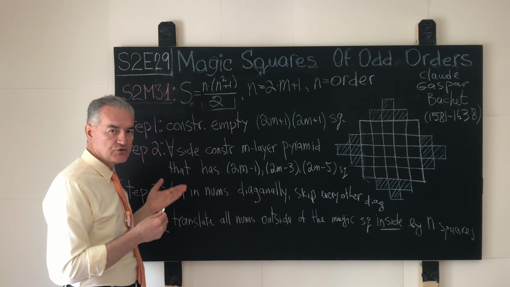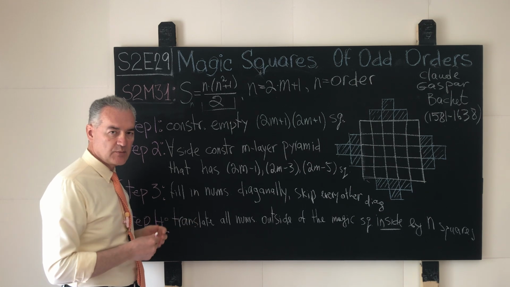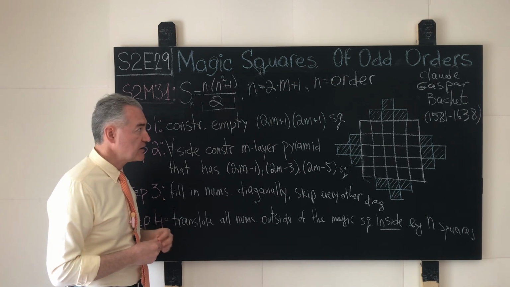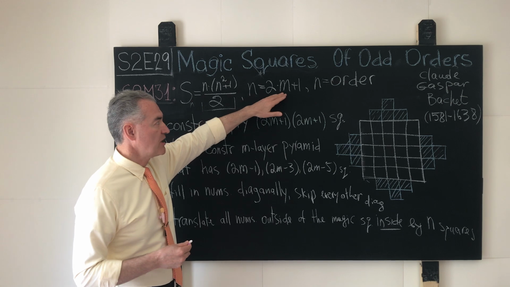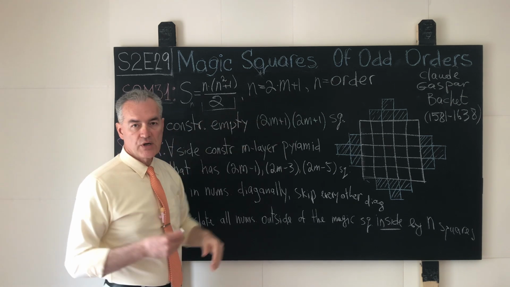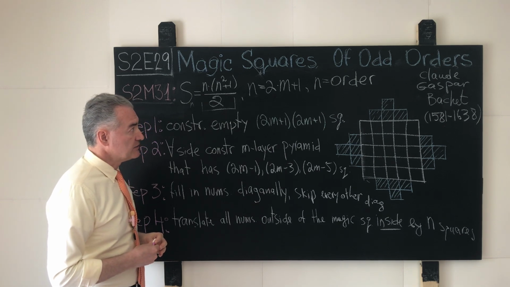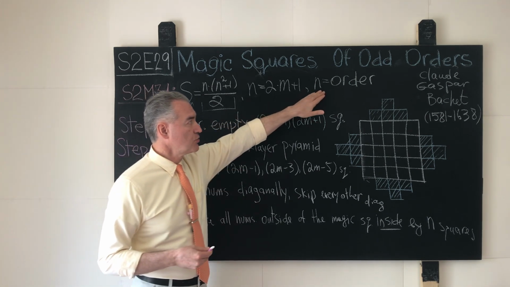Consequently, the order of all squares that we are dealing with in this episode, to which the Bachet algorithm is applicable, must be odd. An odd number traditionally can be represented as 2 times m plus 1, where m is a suitable integer. And again, in this case, n is called an order.